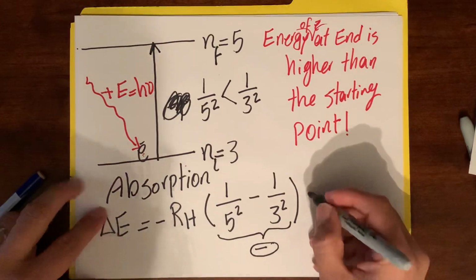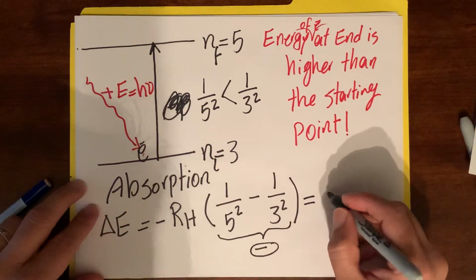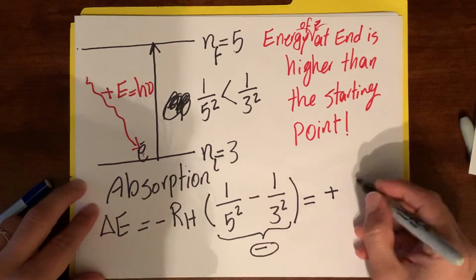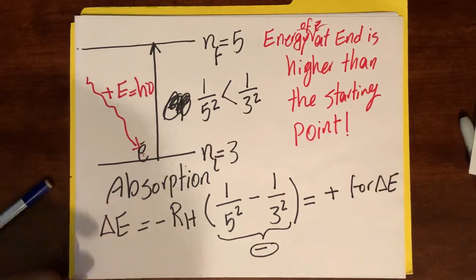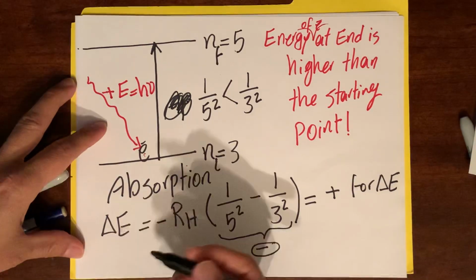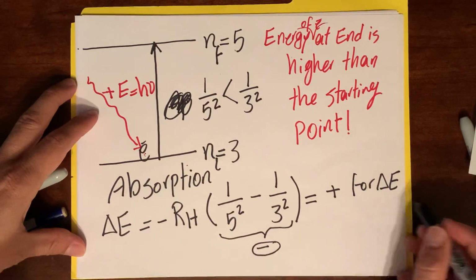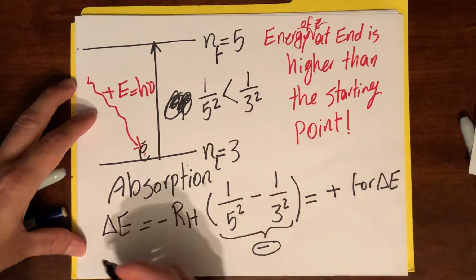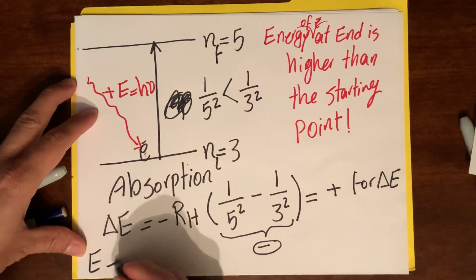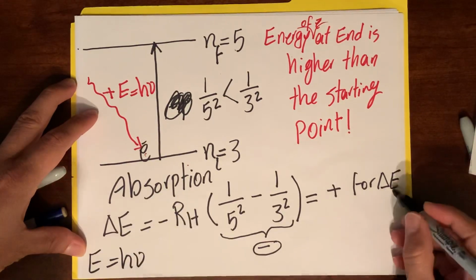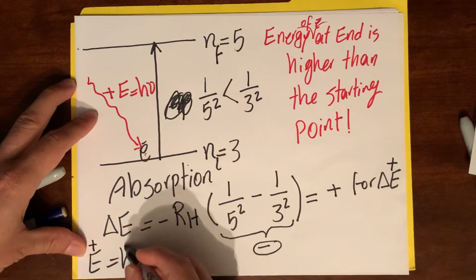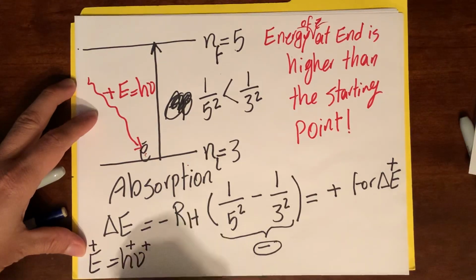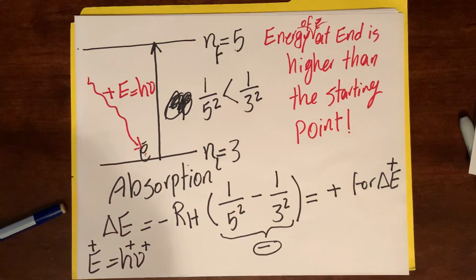Negative times negative will give you a positive answer for delta E. Positive answer for delta E. So now we have energy equal to delta E, or energy equal to h nu. We got the energy positive. H is a positive number and the frequency is a positive number. So that's perfect. Lucky us.